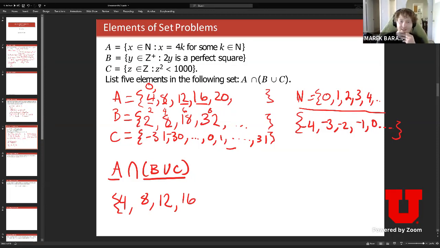And 20 is. Did I skip one? No, that's 5. So everything from 0 to 28 is in C. You don't need B technically for this one, but we also would have 32 in this set.